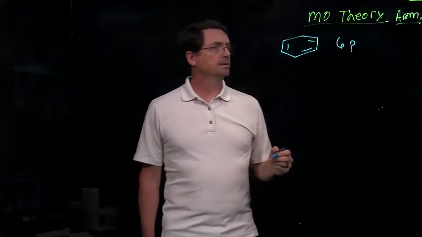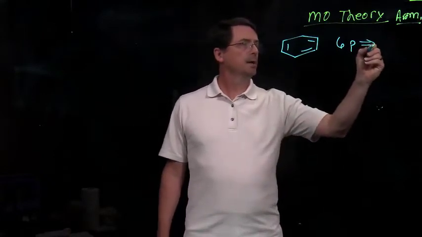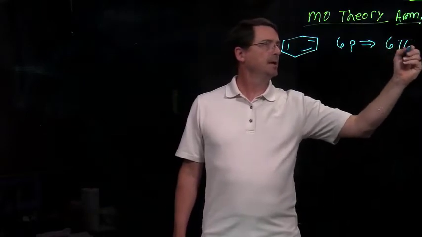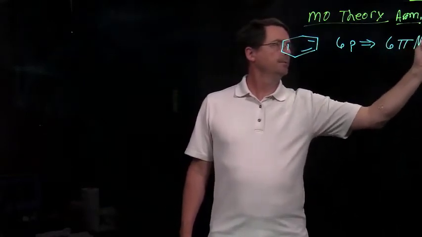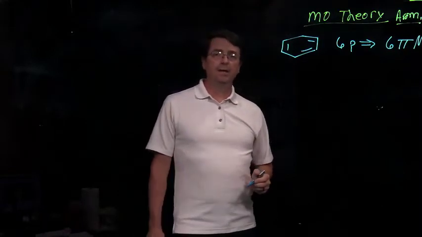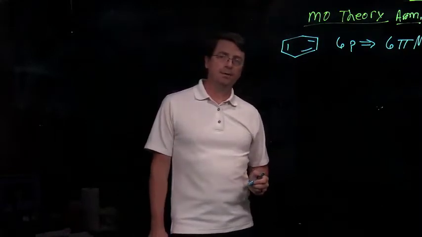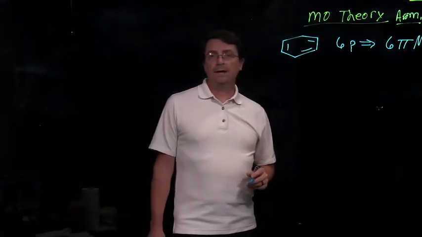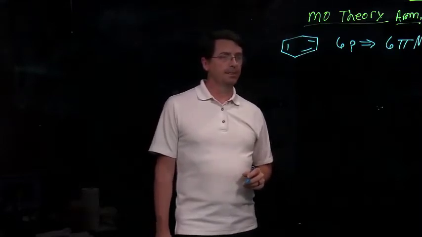And of course, if we make 6 p orbitals, by conservation of orbital symmetry, we have to make 6 pi MOs. It's no different than if we combine an s and 3 p orbitals, by conservation of orbital symmetry, we make 4 sp3 orbitals.